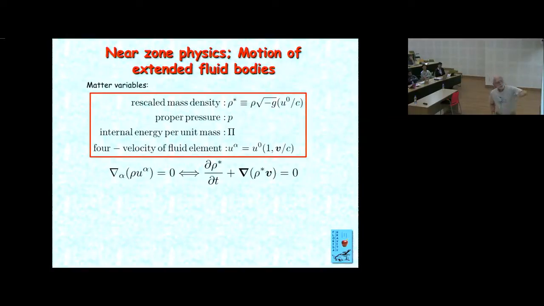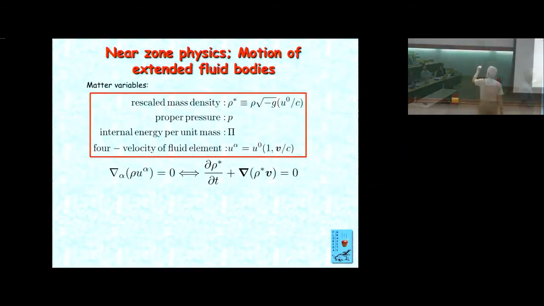But you can convert this, if you remember what the divergence is. The divergence of any vector is equal to 1 over root minus g times the partial derivative of root minus g times the vector.